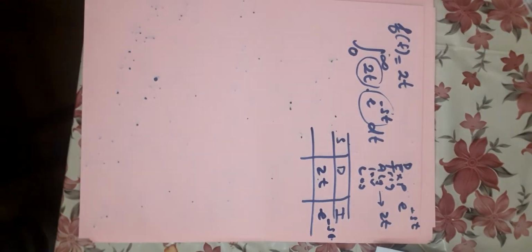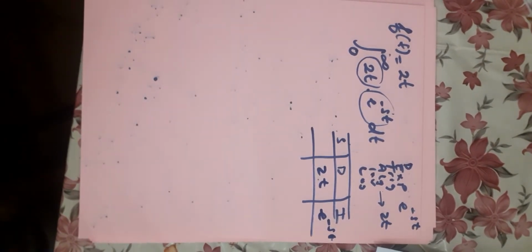First of all, you identify which one you're going to put in integral, and then you put the other one on the differentiation side. Now the rule of differentiation: when I have an algebraic function, you must differentiate until you get 0. If you have a trig function, you differentiate until it repeats.